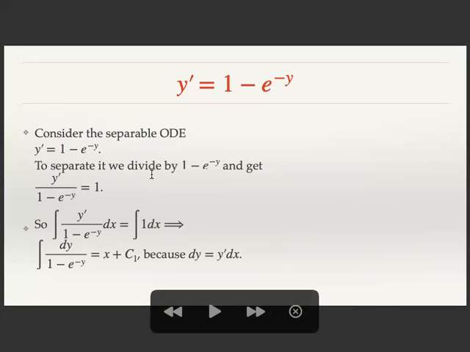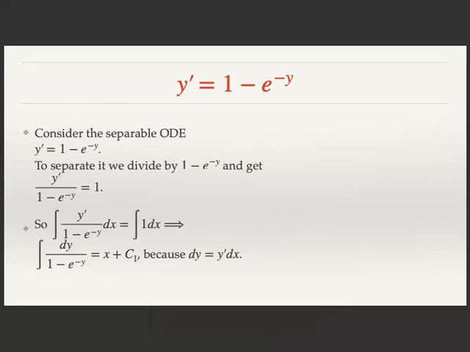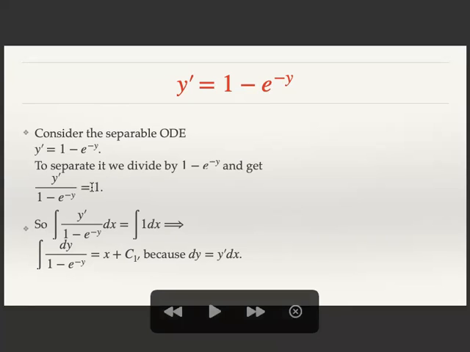And to separate it, we divide the whole equation by 1 minus e to the minus y, and we get y prime over 1 minus e to the minus y is equal to 1. So now it's separated. We have all the terms involving y on one side and all the terms involving x on the other side.